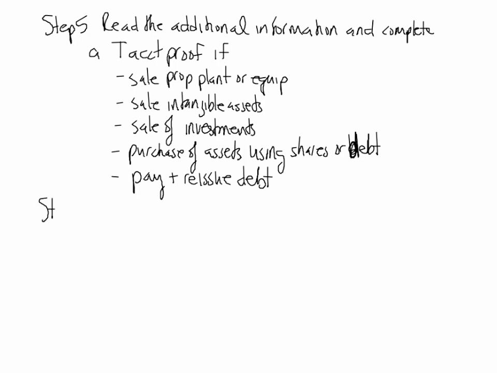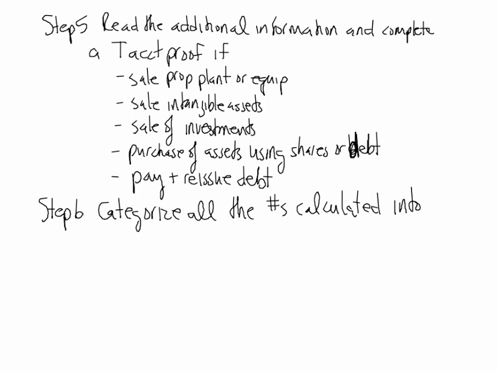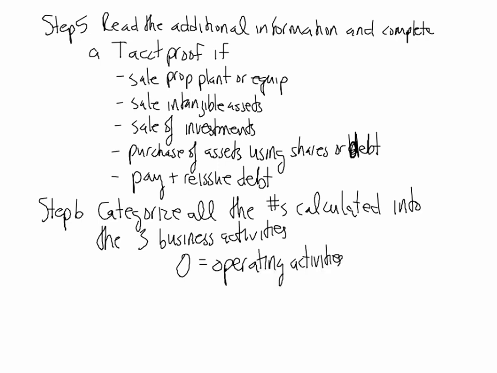So now step 6. Step 6 is to categorize all the numbers calculated into the 3 activities for cash flows, the 3 business activities. So we denote O is equal to operating activities. Operating activities generally involve current assets accounts and current liability accounts. Generally, not always, but generally.